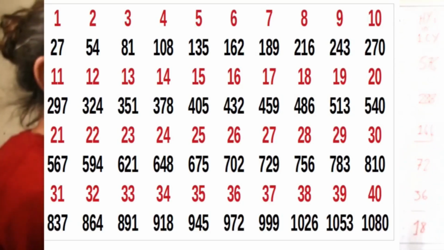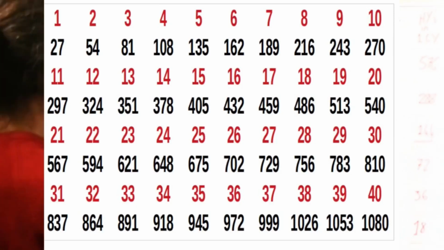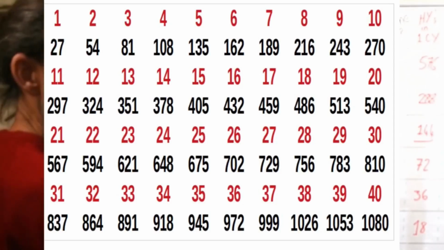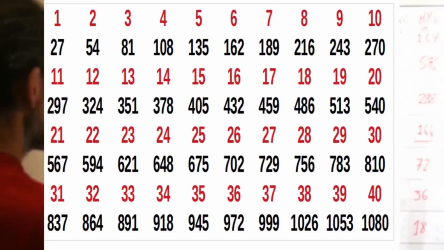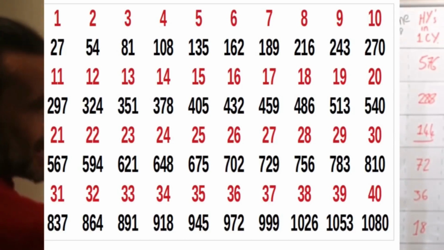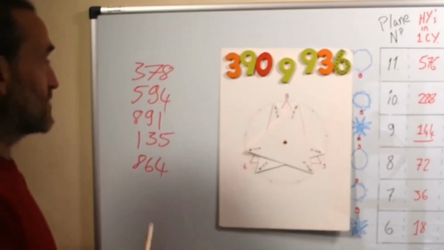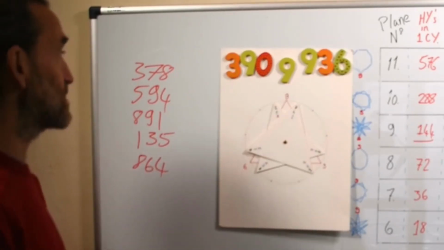Let's say 5 times 27 is 135. I want one more. 32 is 864. Okay, so you've seen the slide, and you've seen that these are all numbers from the 27 times table.